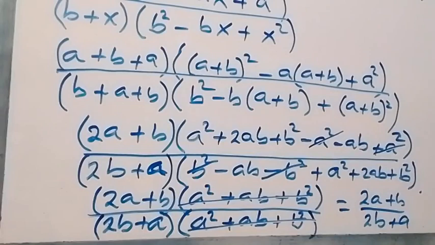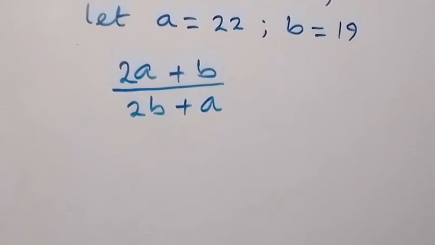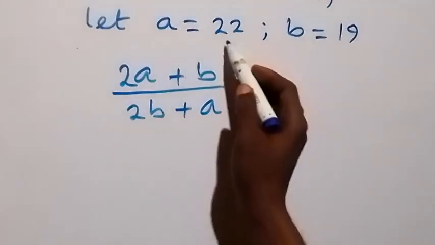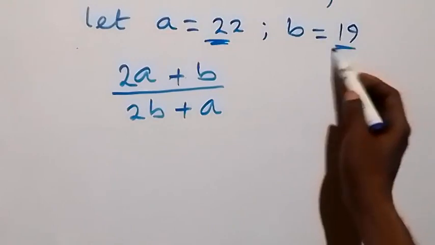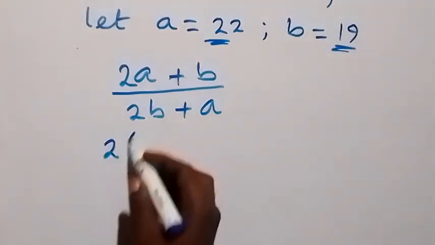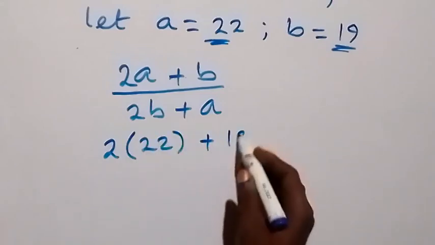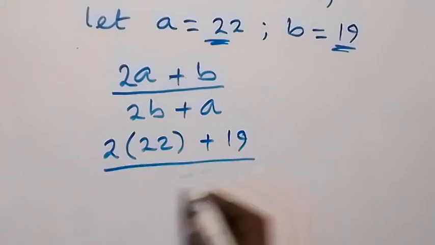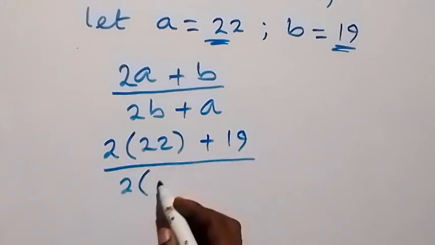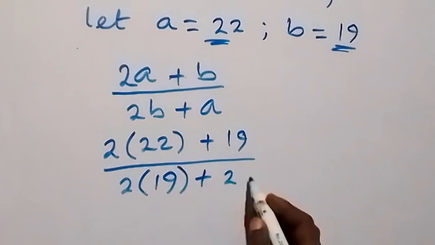Then from here we can recall that A is equal to 22 and B is equal to 19. That is, this can now become 2 into bracket 22 plus 19, over 2 times 19, plus 22.